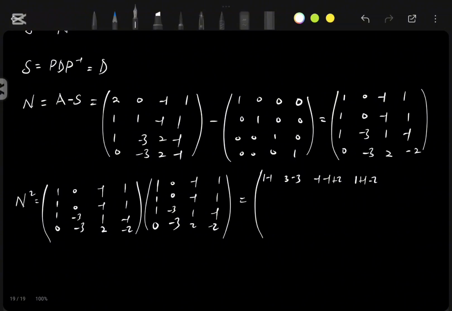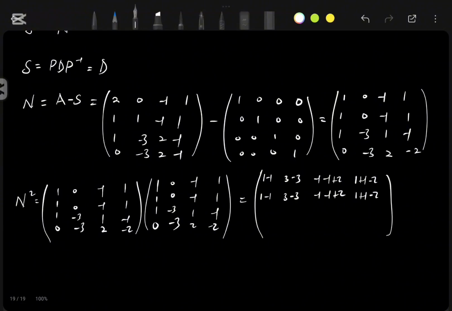For the next line, we have 1 plus 0 minus 1 plus 0. Again, we have 0 plus 0 plus 3 minus 3. And again, we have minus 1 plus 2, and 1 plus 1 minus 2.